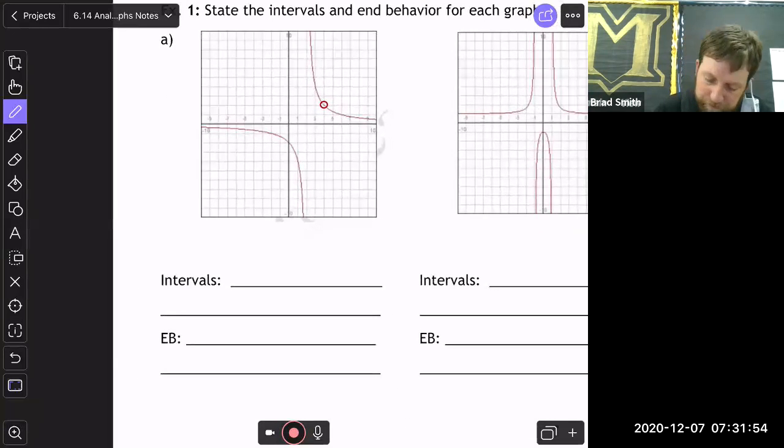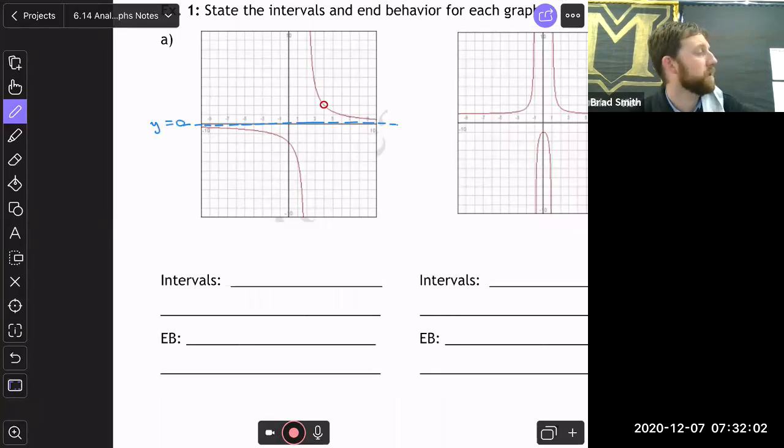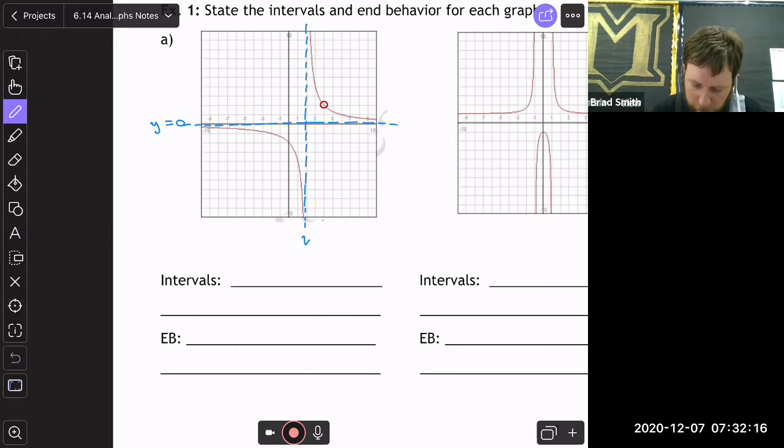So here, if I'm looking at my asymptotes, that's going to be y equals 0 as my horizontal asymptote. It approaches that but never crosses it. I have a vertical asymptote at 2. And I also have a hole at 4.